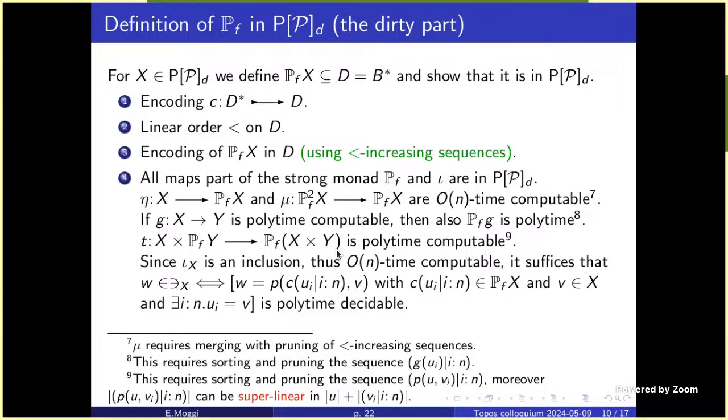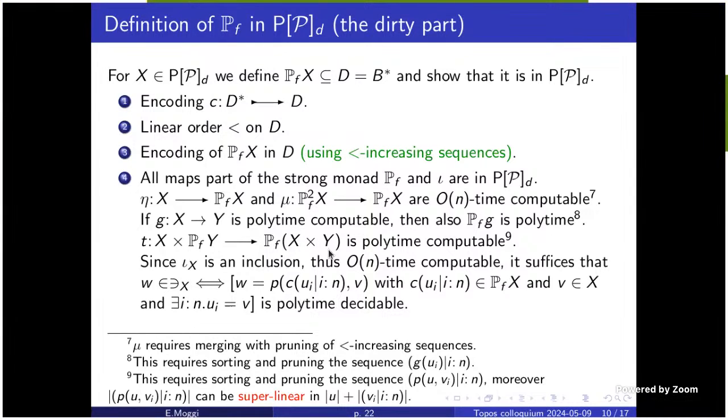Let's see. Yeah, there is something missing here, but I have an element of D that represents the element of X. I have the encoding of a sequence of elements of D that represents this finite subset.